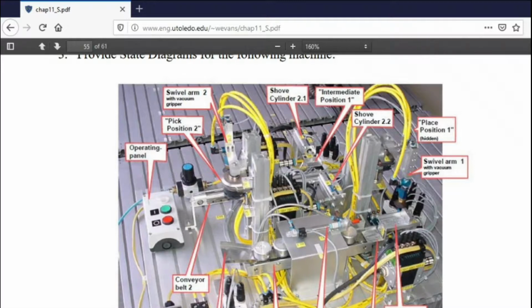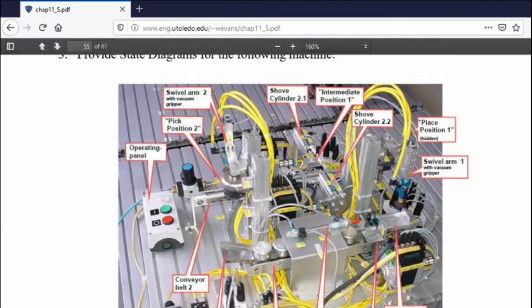But that being said, this is only one style of programming that you would use state diagrams for specifically. This program really begs to be using state diagrams, but this is only one type of programming.